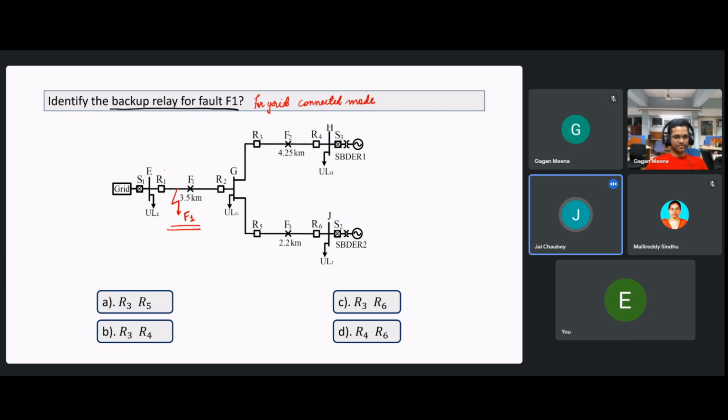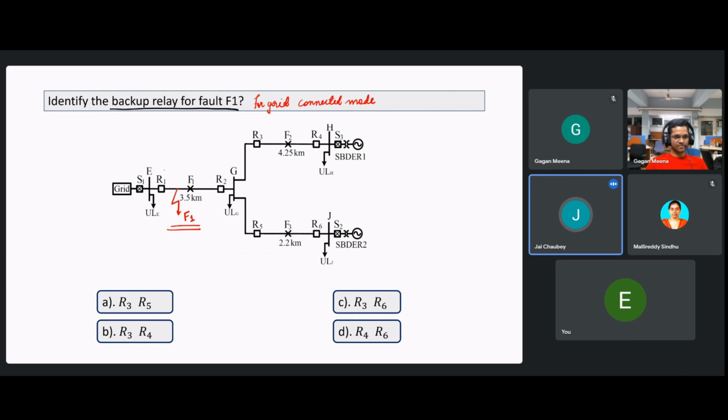So first of all, now we are clear that for F1, the primary relays are R1 and R2. Now we have to find the backup. R3, R5? No, we have to check that. So R3, R5. Are you sure? R3, because see, this relay R1 will see a fault.